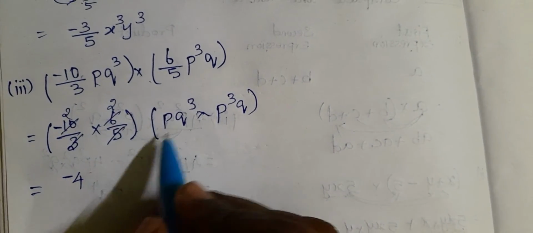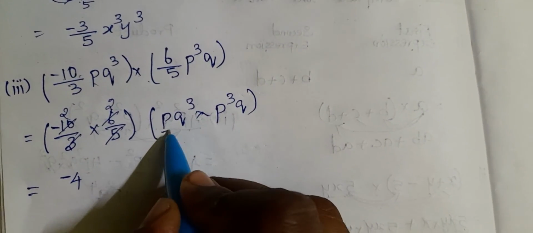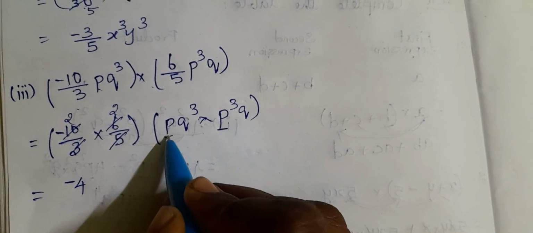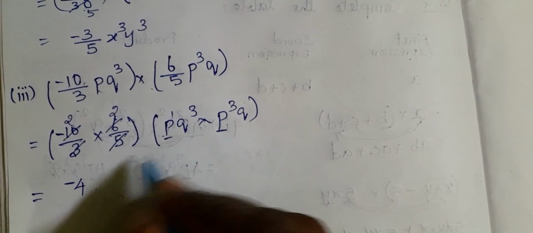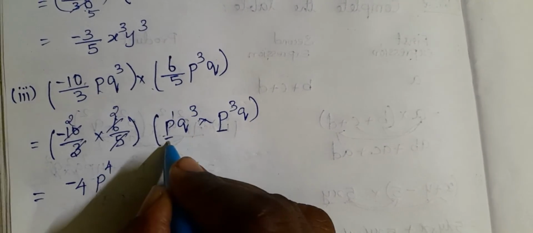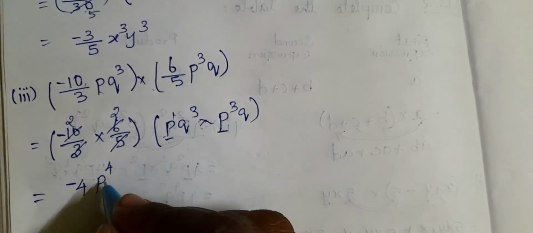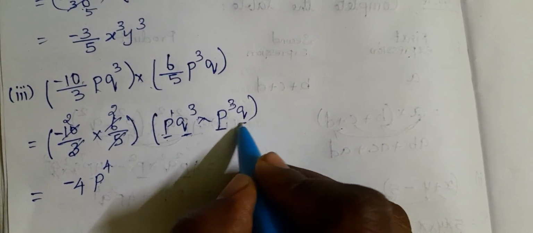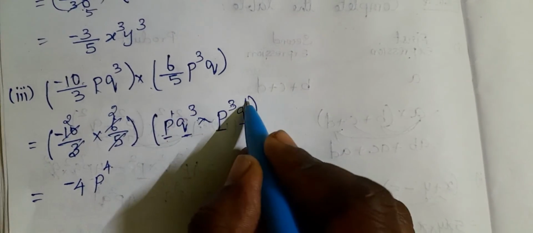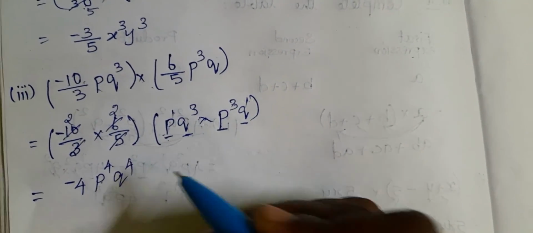There is a minus into plus, so minus 4. In another bracket, p power 4. So p means p power 1 and p power 3; if you multiply, you will get p power 4. Next, q power 3, then q power 1. 3 plus 1 is 4. So q power 4.